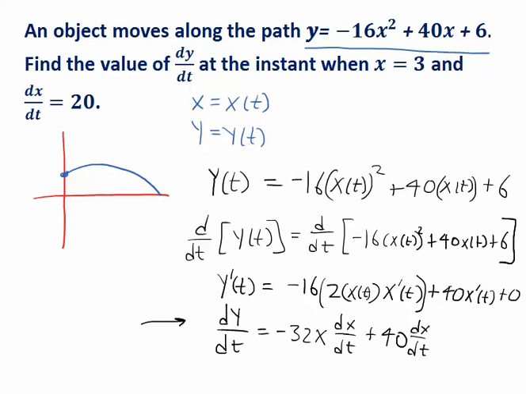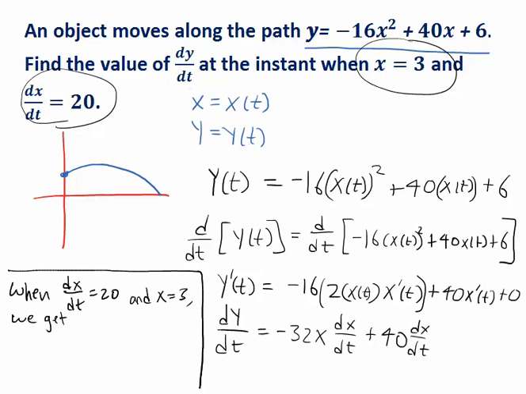So if we plug in the value for dx/dt, which is 20, and if we plug in the value for x, which is 3, we can find the value of dy/dt when those two things are true. So when dx/dt is 20 and x is 3, we plug that into this equation and we get dy/dt is negative 32 times 3 times 20.